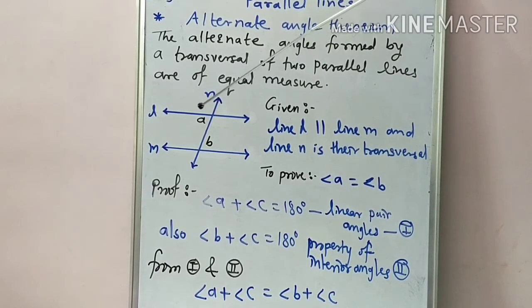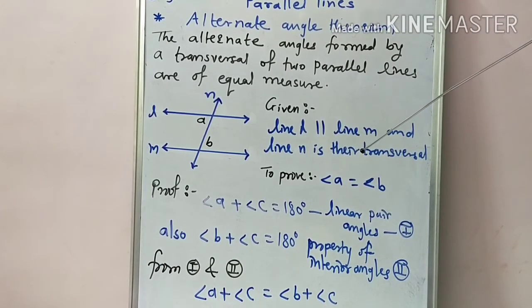So in the same way we draw two parallel lines and one transversal, and we write down the given part: line L is parallel to line M and line N is their transversal. Now here we took one pair of alternate interior angles, angle A and angle B. What are they?